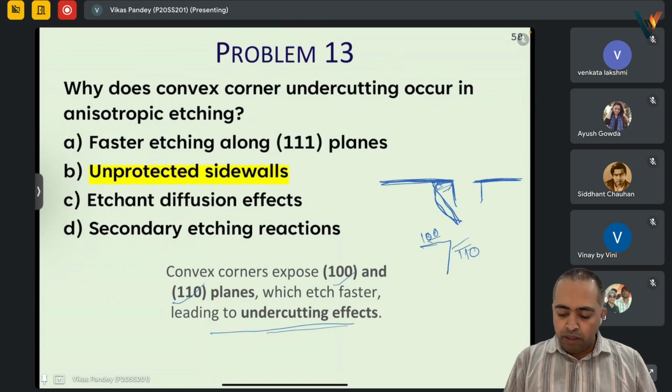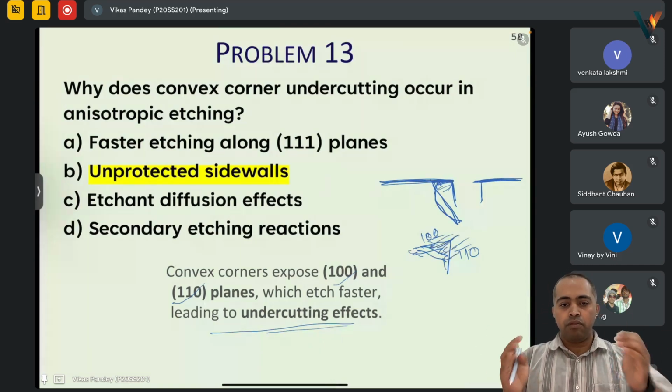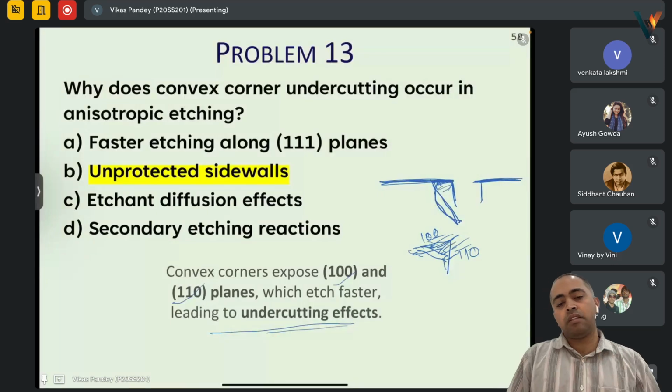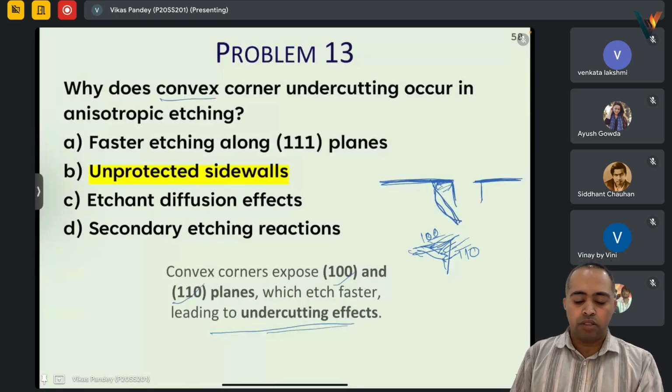So by the time it reaches the 111 plane, which is somewhat slanted, extra etching will have been done. So it will be rounded and then a flat surface will come. As such, we will see higher etching at convex corners.